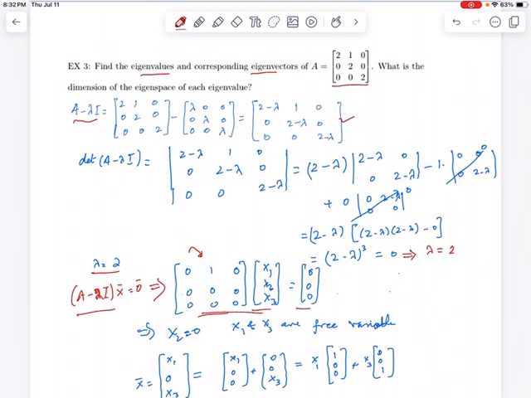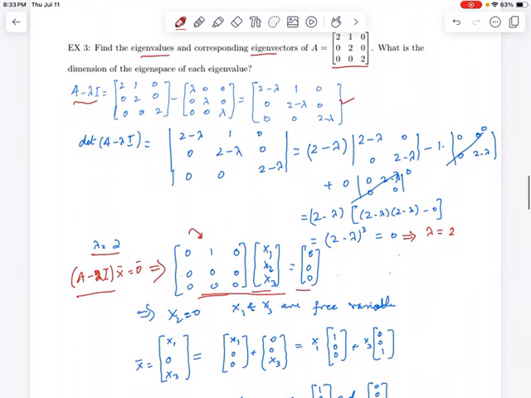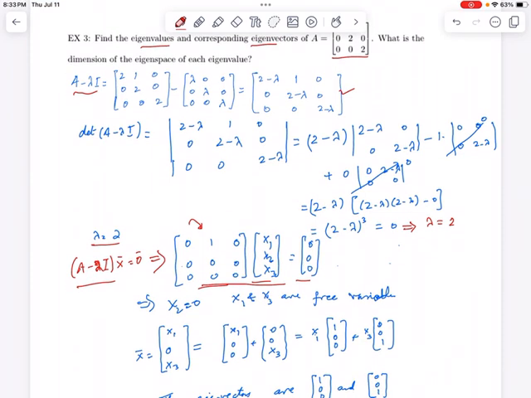That's what I have. But from this matrix we can see the only thing that we are getting is that x2 equals 0. So what about x1 and x3? Because we cannot find them from here, we say x1 and x3 are free variables.